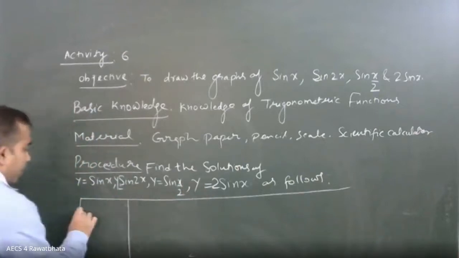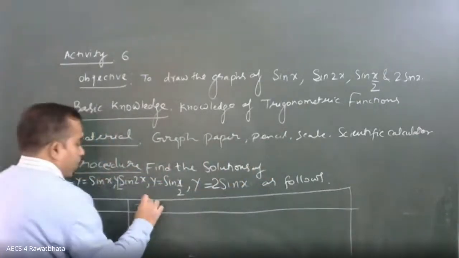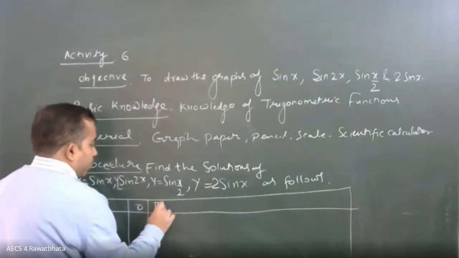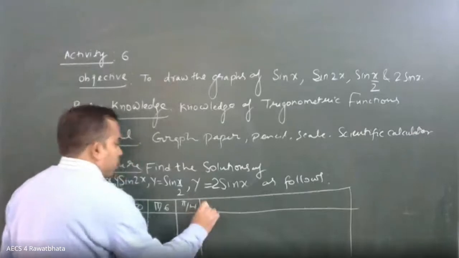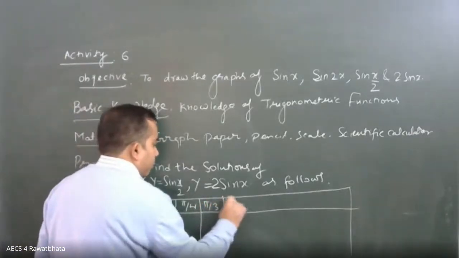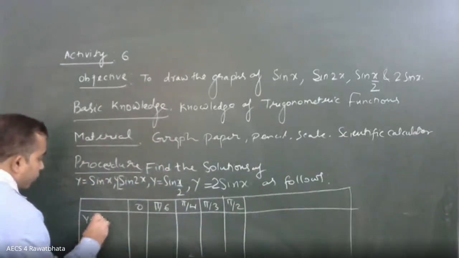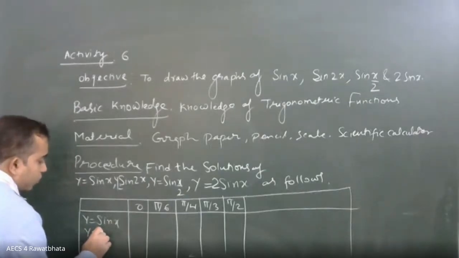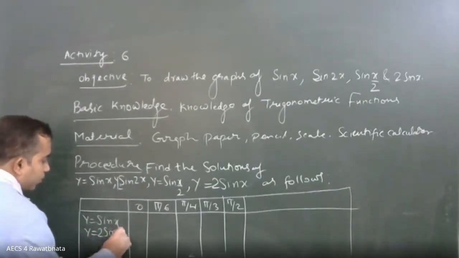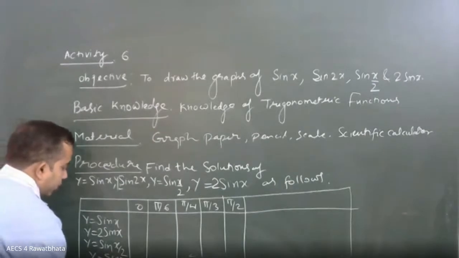So, here I am writing various points like 0 degree, like pi by 6, pi by 4, pi by 3, pi by 2. More you can find out. And here y equal to sin x, y equal to 2 sin x, y equal to sin x by 2, y equal to sin 2x.